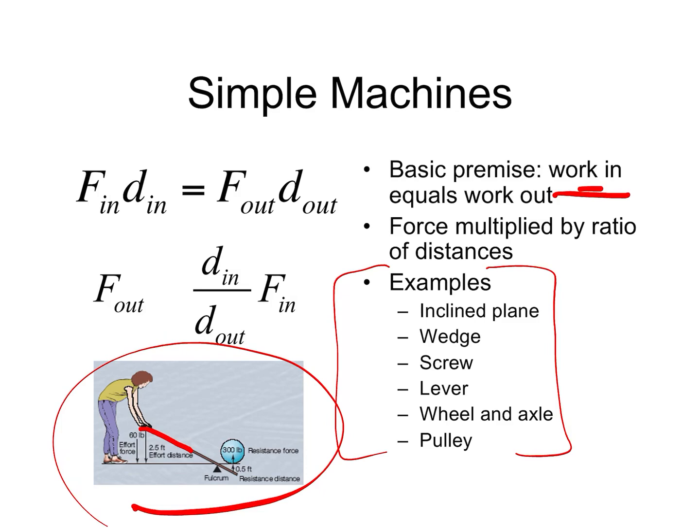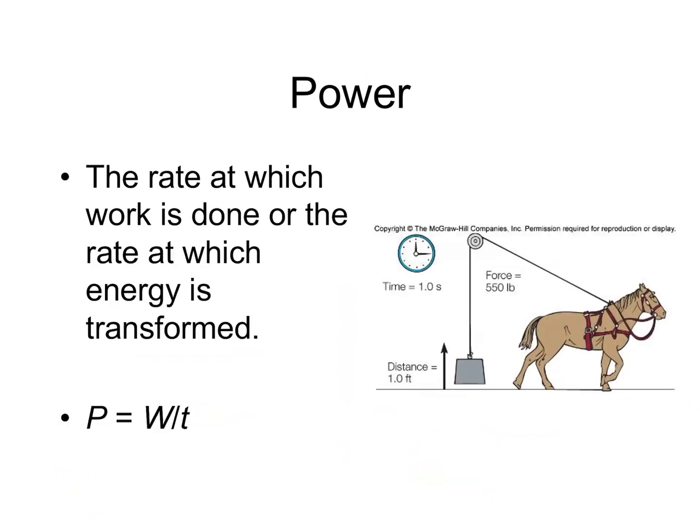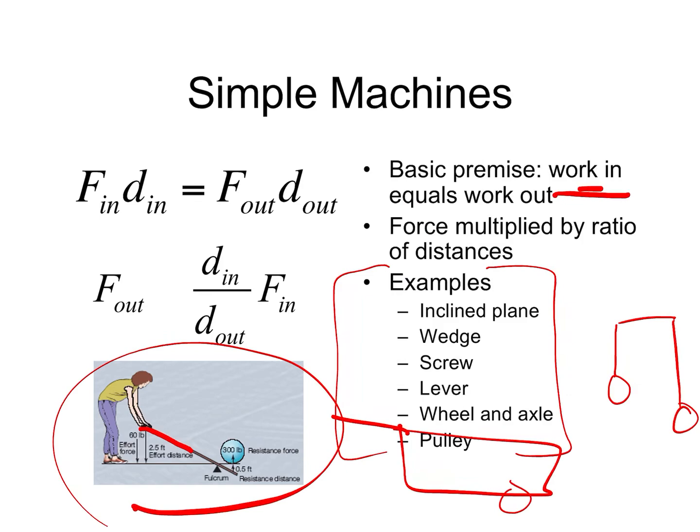That wheel is typically on the end, and then, I'm a terrible drawer, it's got this wheelbarrow here, and then you've got this lever, and you can put a whole bunch of stuff in there, right? And then you've got a pulley system, and you can do a whole bunch of work based on how many pulleys you actually have. And this is kind of showing you a pulley system in this picture.